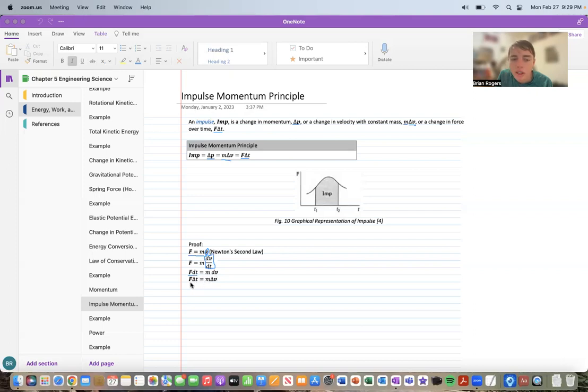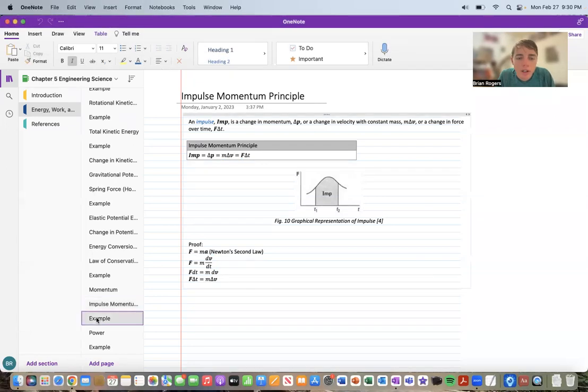Now we're going to see that substituting in for dt the change in time, delta t, and substituting for dv the change in velocity, delta v, that's how we're able to rewrite our momentum principle in terms of force times the change in time. Because we know momentum is defined as the mass times the velocity. And so that's why we're able to substitute in for it the force times the change in time.